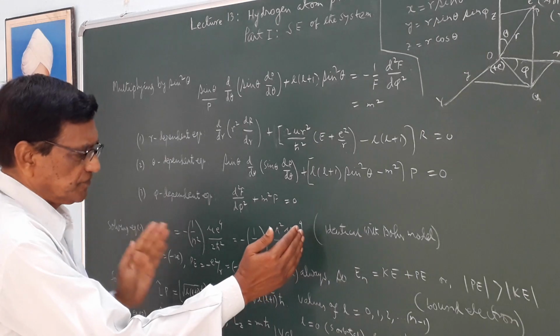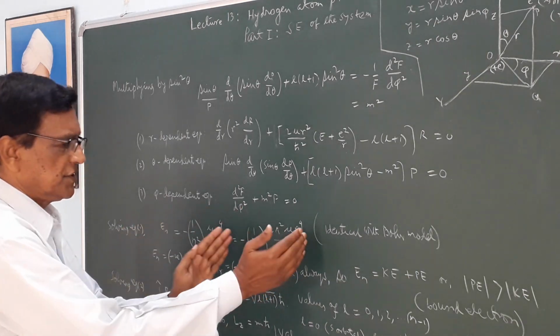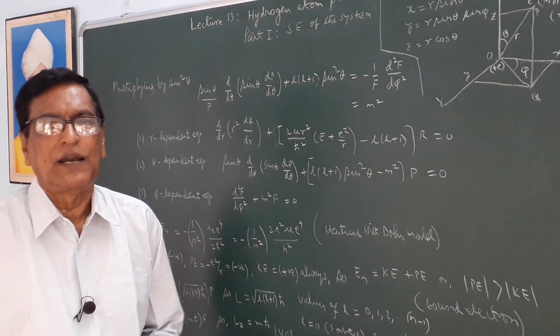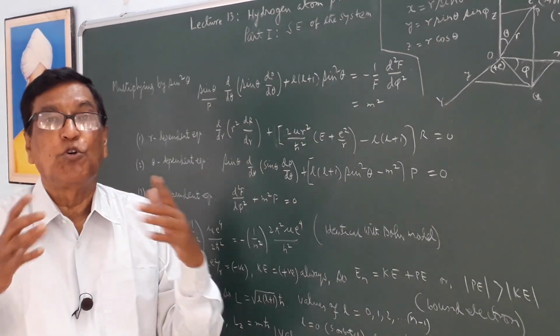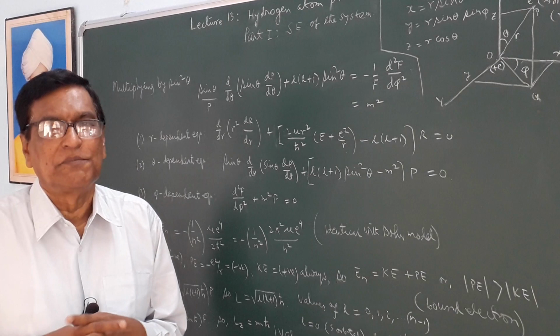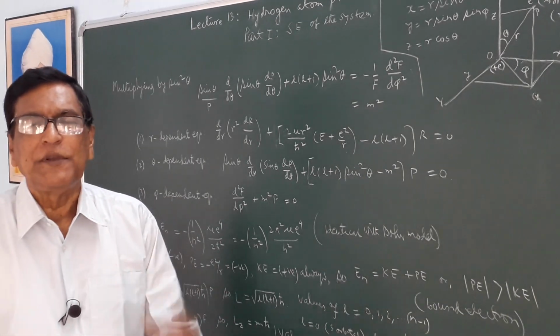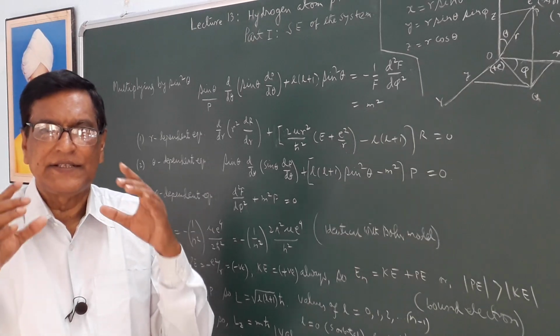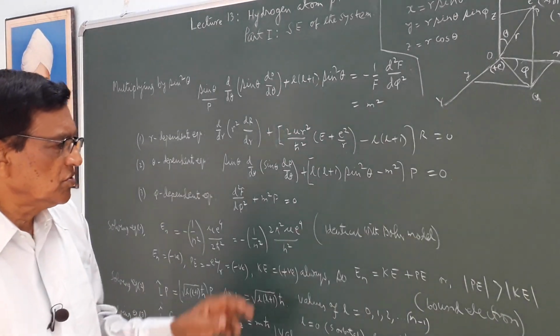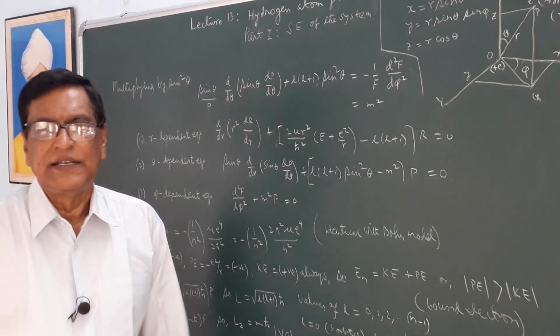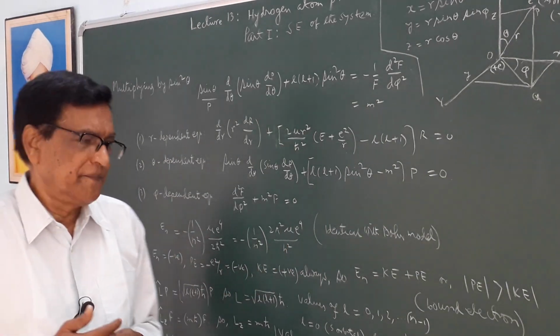This expression of energy is the same as we derived by the very simple Bohr model of the hydrogen atom, in which the electron rotates around the nucleus, keeping the nucleus at the center. So this equation can also explain the hydrogen atom spectra.